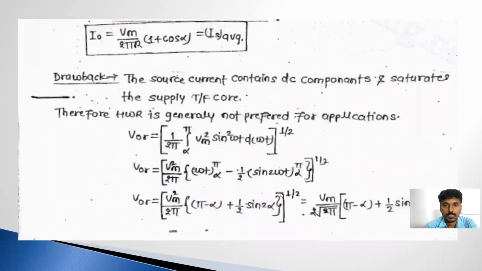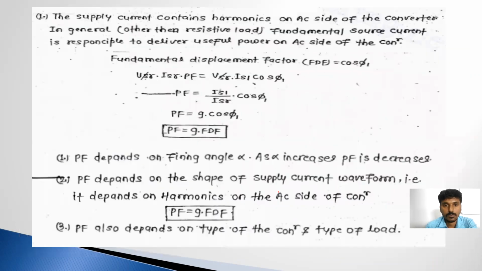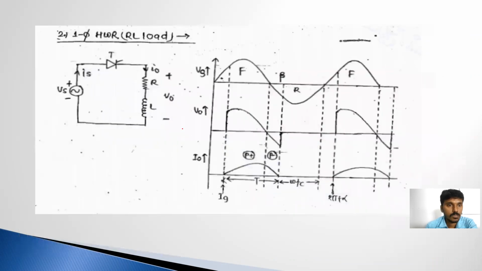For example, if you take an RL load, the waveform is present from alpha to beta. The circuit turn off angle omega tC is equal to 2 pi minus beta, because this is the circuit turn off time.